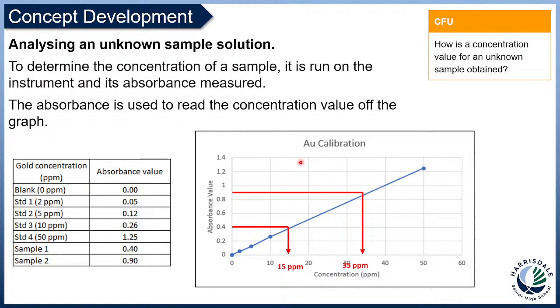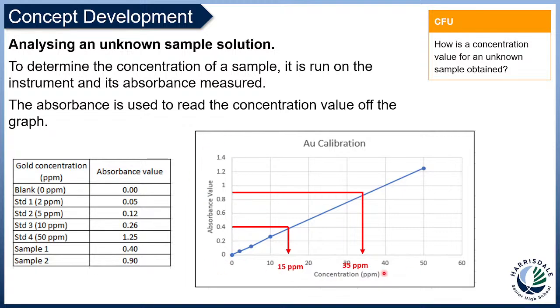Okay, for your unknown value, to determine the concentration of a sample of an unknown value, it is run on the instrument and its absorbance is measured. So the machine operates on the absorbance values. The machine doesn't know the concentration. It only works on these absorbance values.